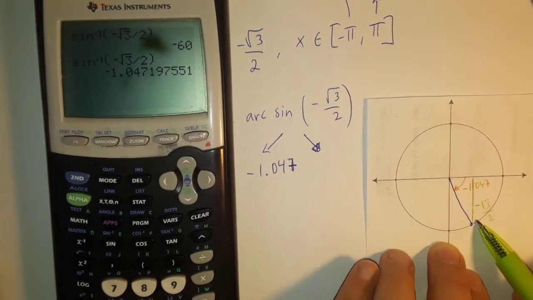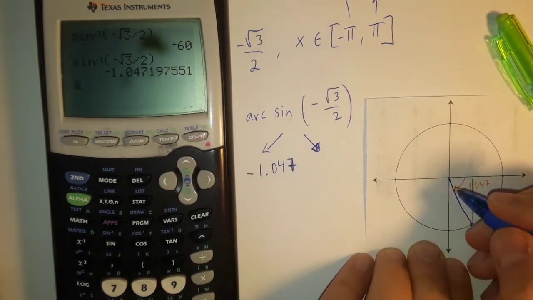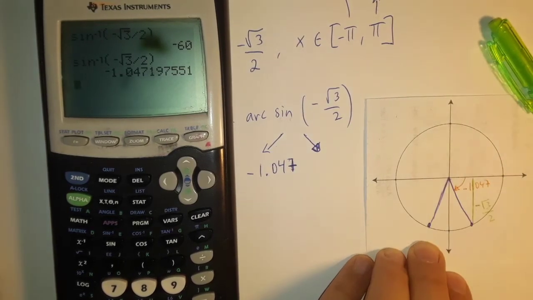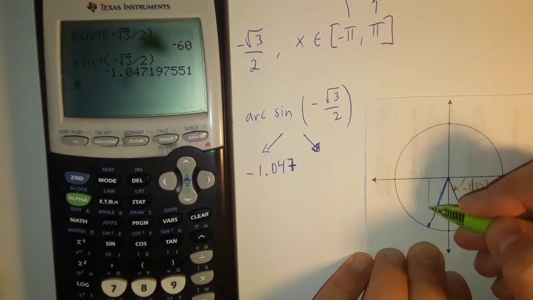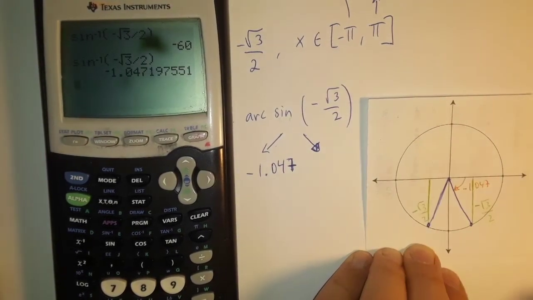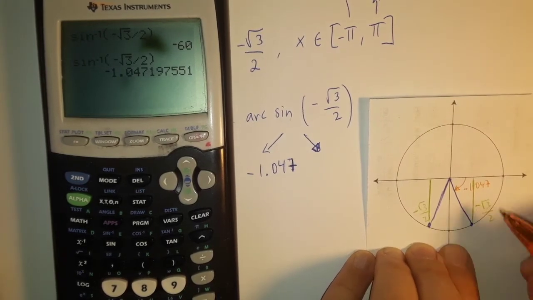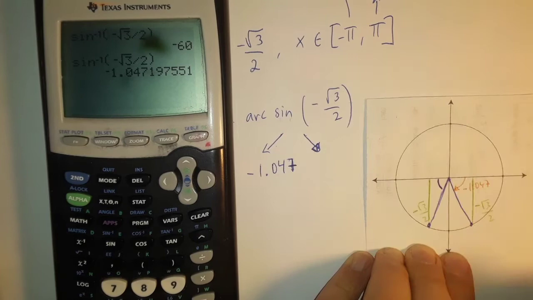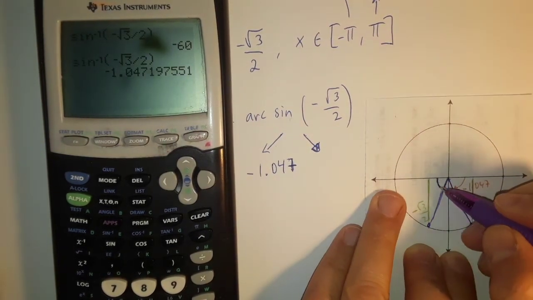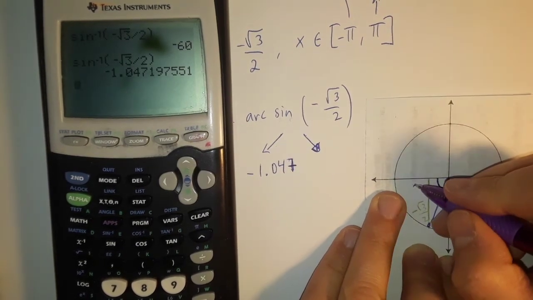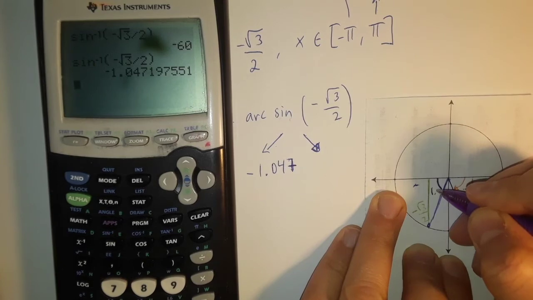When is this going to be equal? Well, it's going to be equal in here. The sine in here is still going to be negative square root of 3 over 2. Now, if this angle here is negative 1.047, it means that this is the same thing, so this is still going to be 1.047.